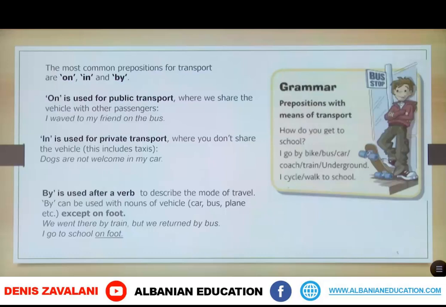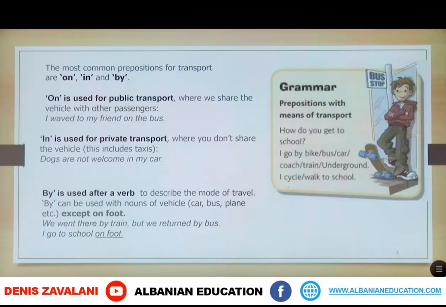Okay, the prepositions that we use with transport are on, in, and by. So the most common ones. On is used for public transport, where we share the vehicle with other passengers. For example, I waved to my friend on the bus. In is used for private transport, where you don't share the vehicle. This includes taxis.